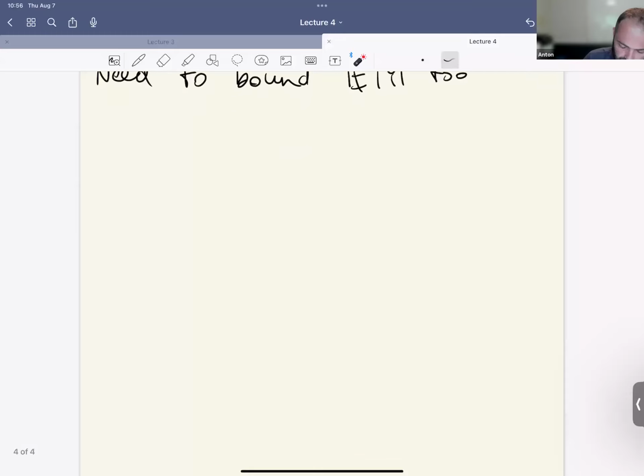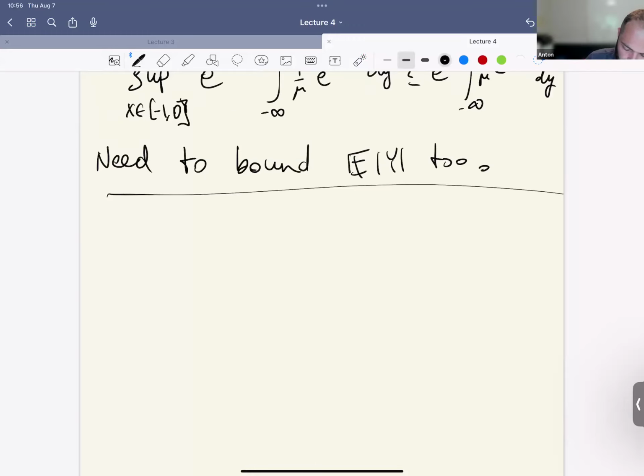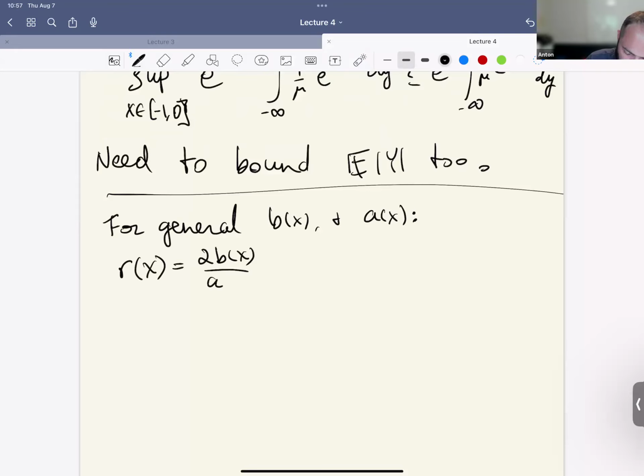And this is it. Let's suppose for general B and A of X, let me call this thing the ratio because it's really bulky to keep writing this out.